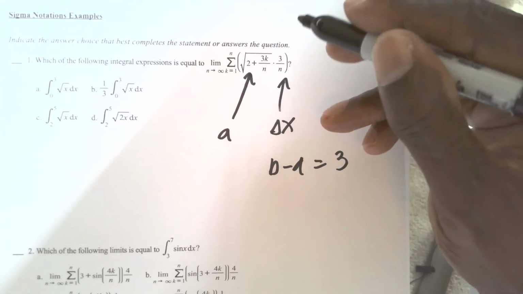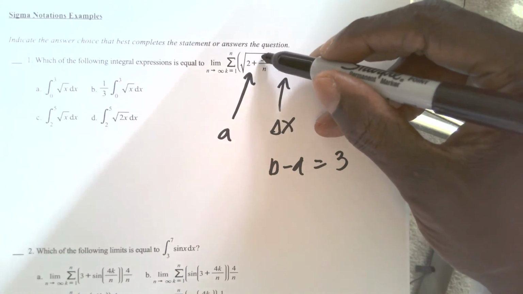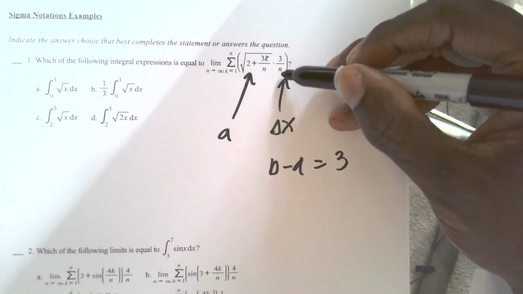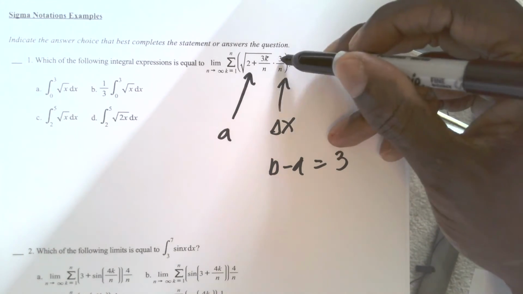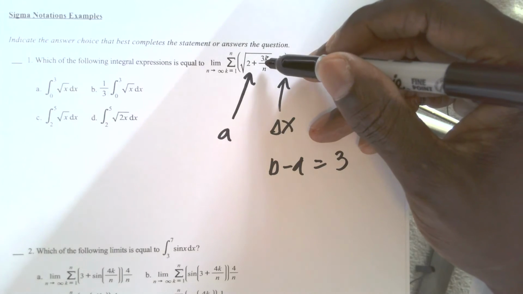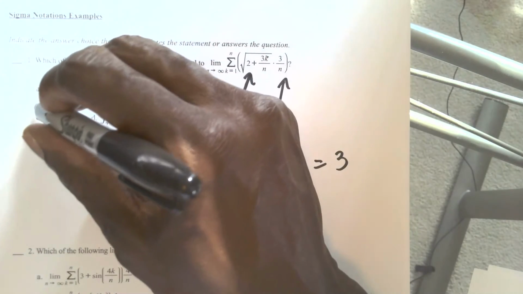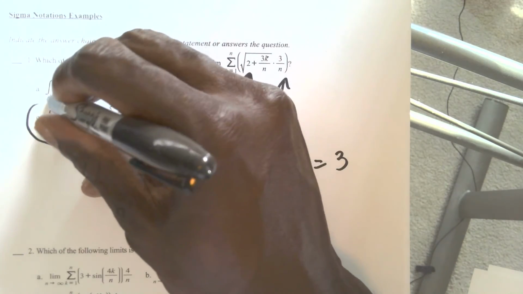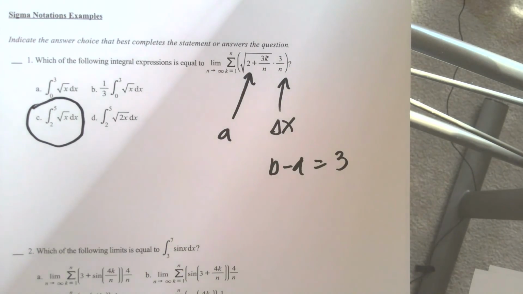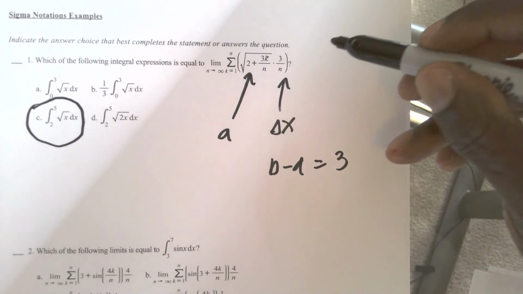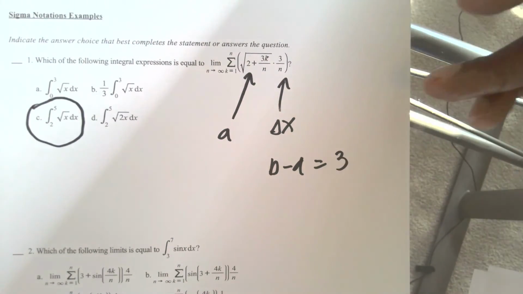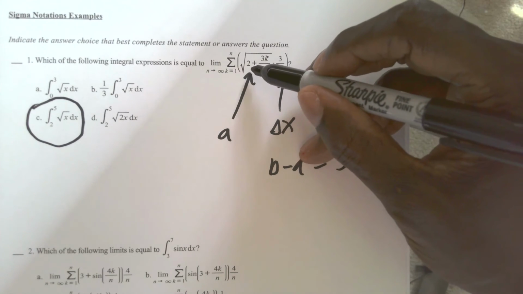But the fact that it's 3k over n, meaning that 3 over n is staying the same as delta x, means there's nothing being multiplied by the delta x, so it's nothing times x. So it's simply this one.